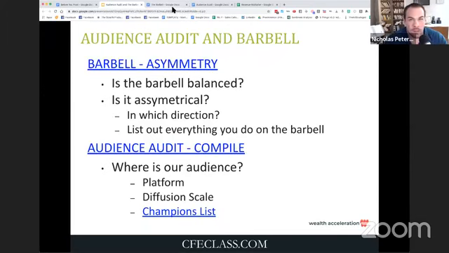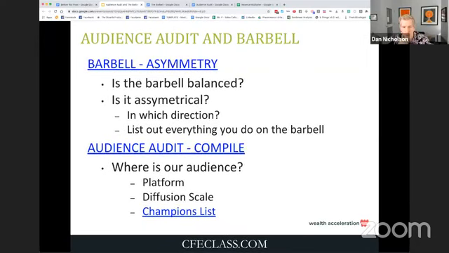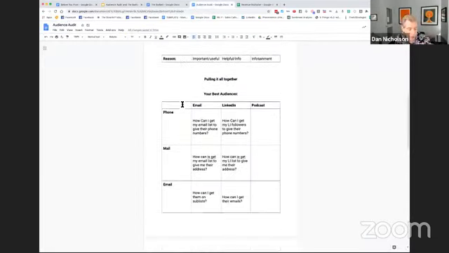Cool. So can I throw in a couple things, Nick? Please do. So as you're working through the audience audit and compile, we're taking these micro steps, and step 1 is taking a micro step where you can get control over the way that you communicate with them, because you really don't have much control over Facebook or Instagram or any algorithm that you don't own.